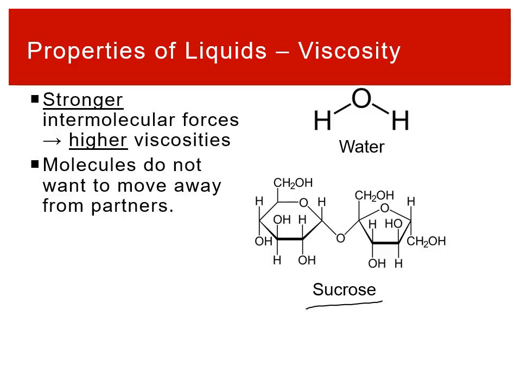Sucrose, this is sugar here, is the primary ingredient in honey. It's water and sugar. If you look at this sucrose molecule, there are a lot of OHs hanging off the side. Remember, this is a condensed formula, so all these OHs are hanging around all over the place. So one sugar molecule can form 8 hydrogen bonds with other molecules.